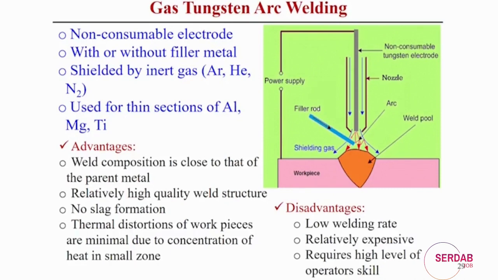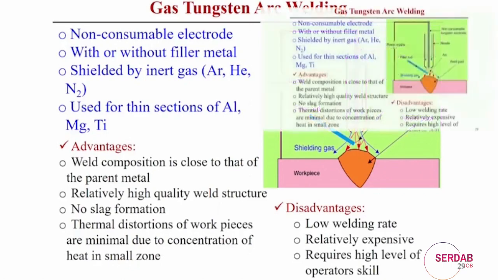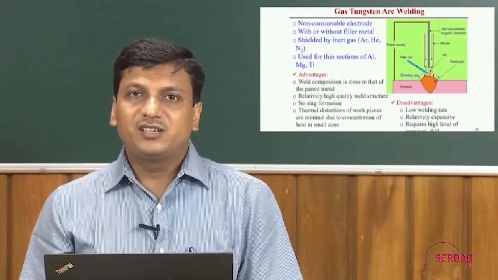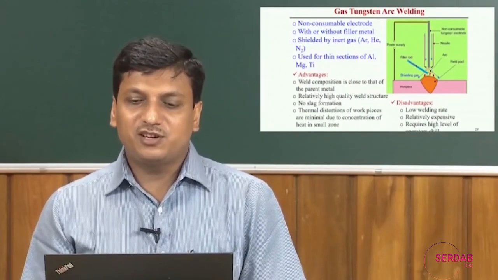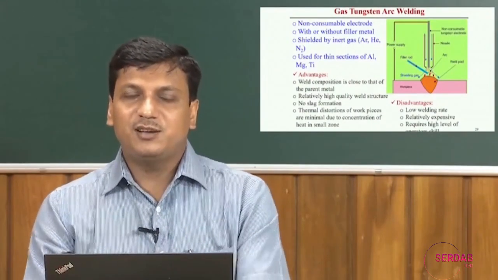Since there is no need of a consumable electrode or any filler material, only by supplying heat and fusing the two materials, the material composition is almost close to that of the parent material. Of course, the solidification behavior of the specific material may bring some structurally different features from the base material, but the composition may be the same.